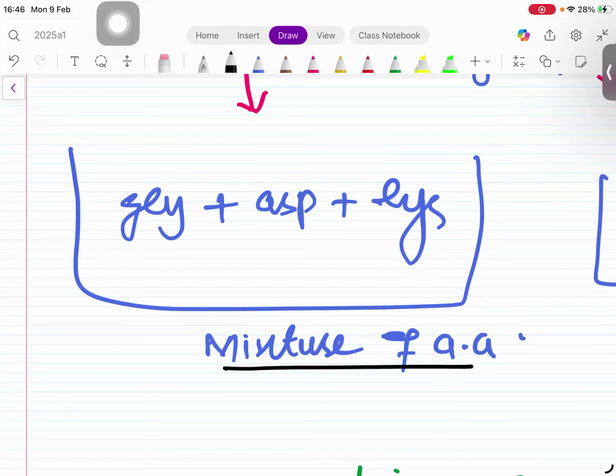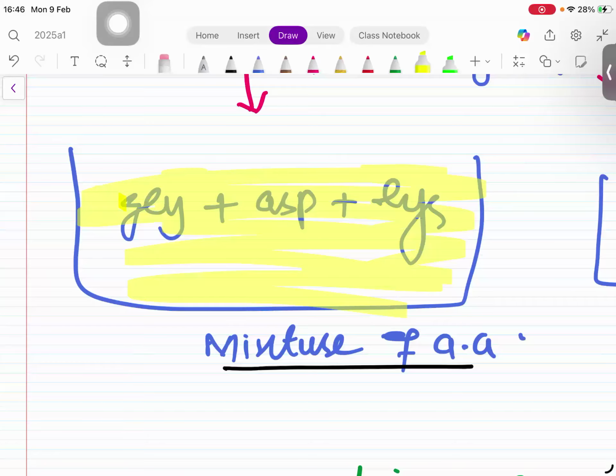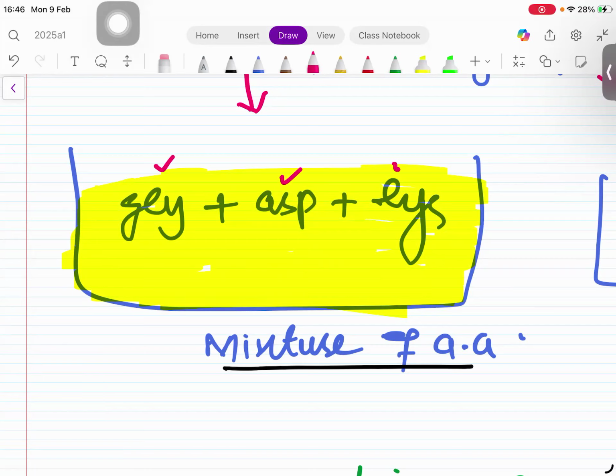Today's task is that I have this beaker consisting of 3 amino acids: glycine, ASP, and lysine. Now the point is that I have to separate them.